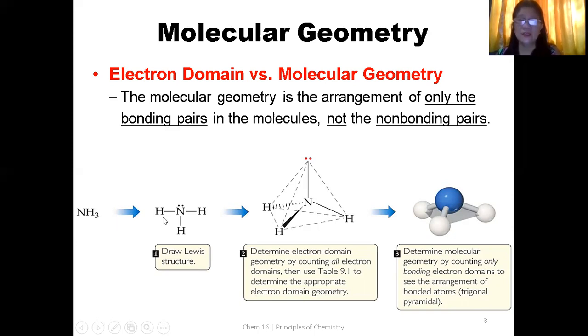ammonia. Take a look here. How are we going to draw this? Can you still remember, count all the number of electrons, the total valence electrons.